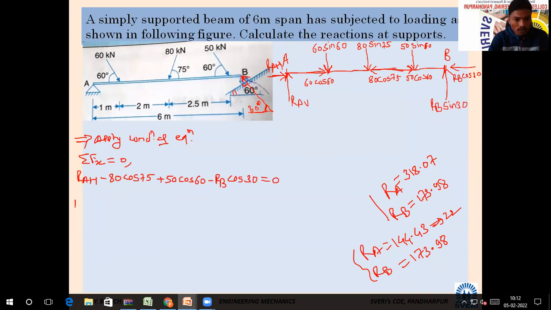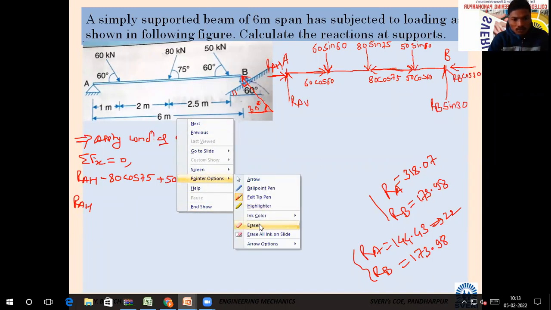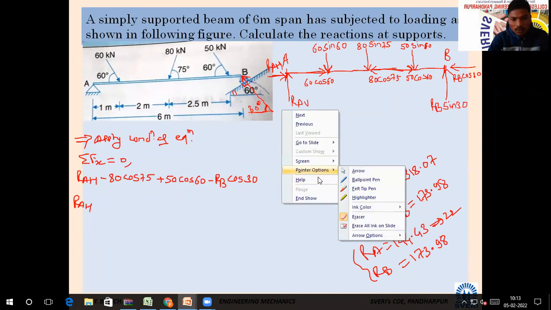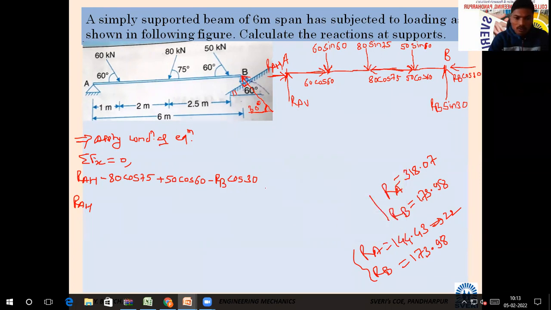From this, what will you get? RAH. There are three horizontal forces plus one more. Wait, I will add that here. Okay, good. 60 cos 60. Where is it going? Towards right.